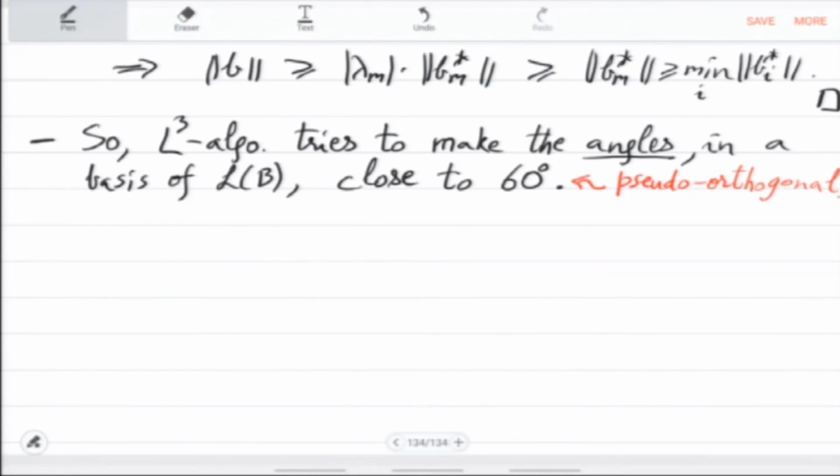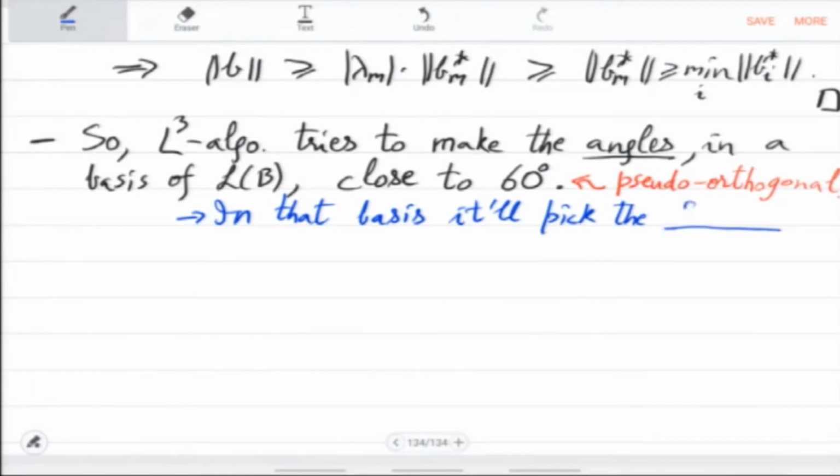So you can only work with some approximation, and then in that basis, it will pick the first one. Just like we saw in the previous lemma that the smallest Bi star may be a good vector or a good length to start with, this is what the L cube algorithm will do.